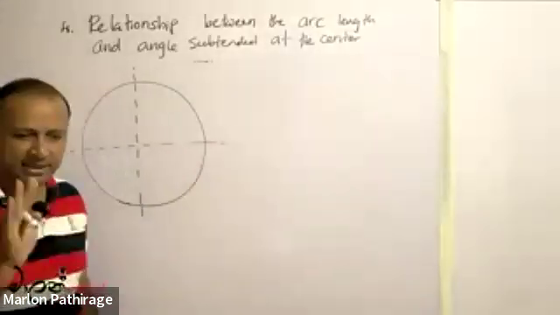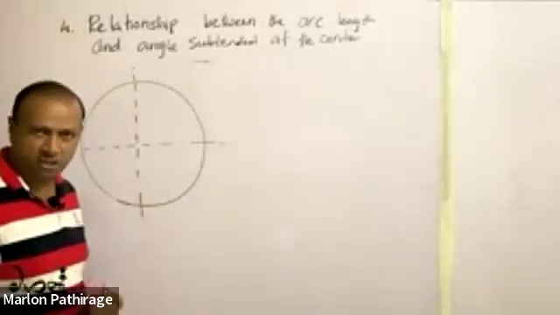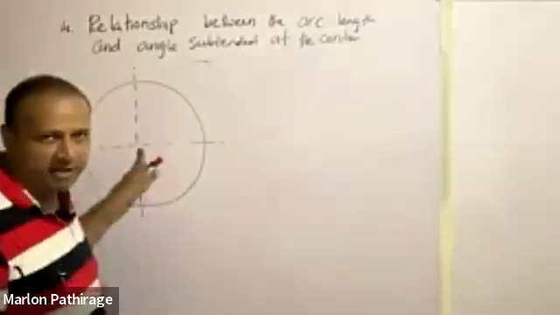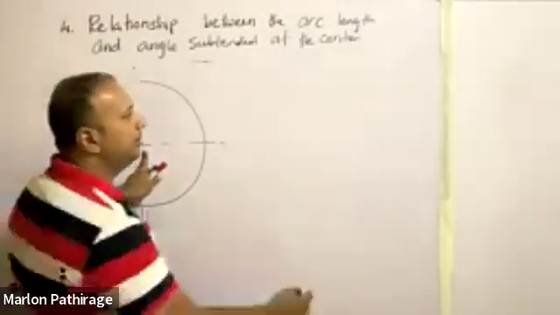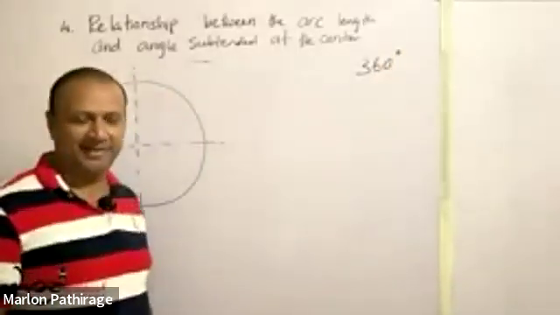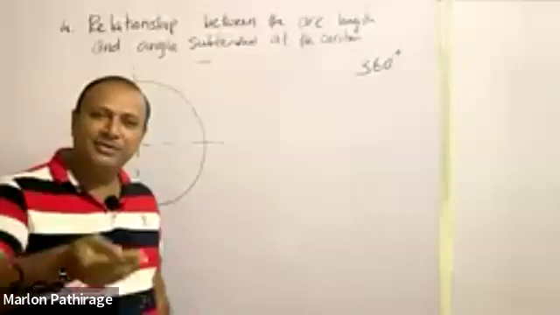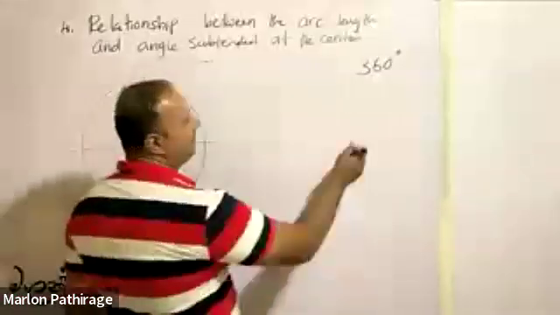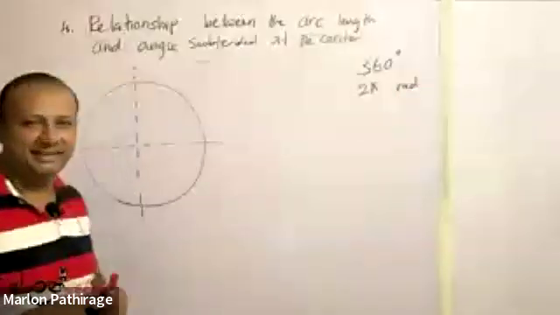If we consider any circle, there is one constant, that is the angle subtended at the center. If we consider that angle using degrees, it is equal to 360 degrees. But if we consider this angle using radians, it is equal to 2π radians.